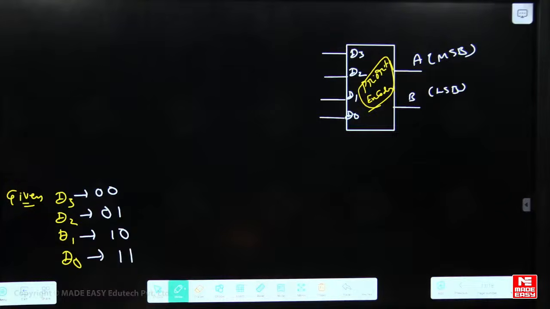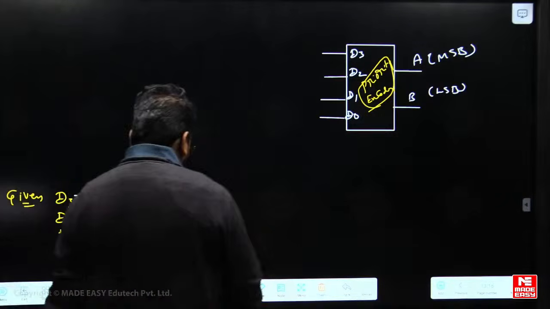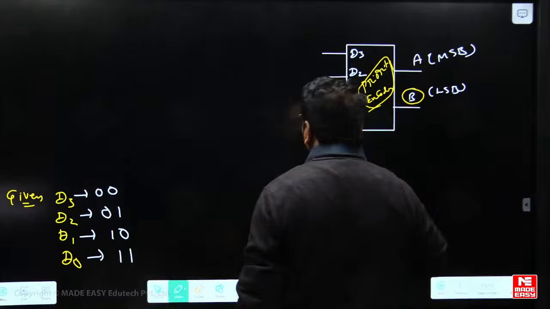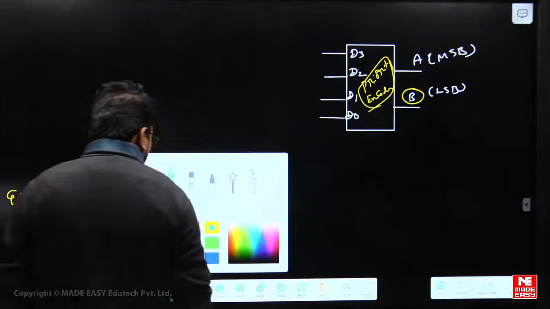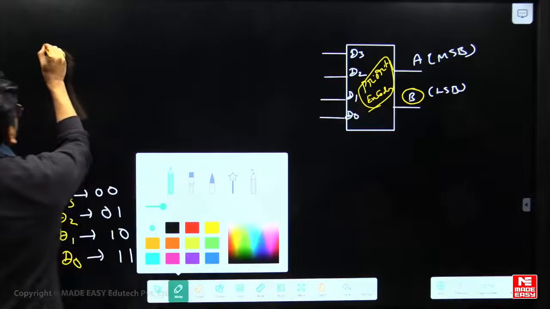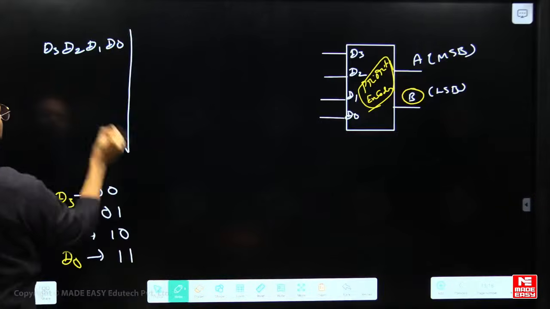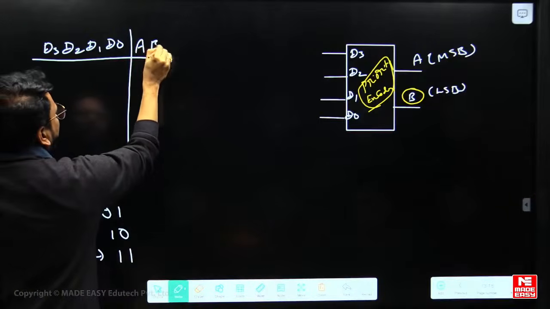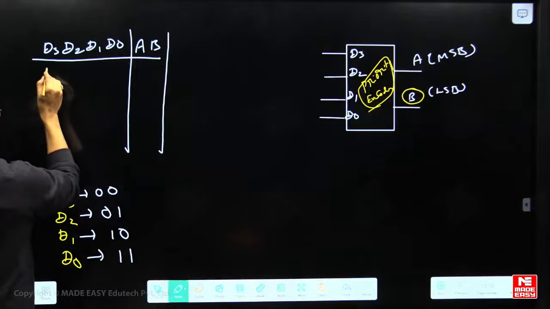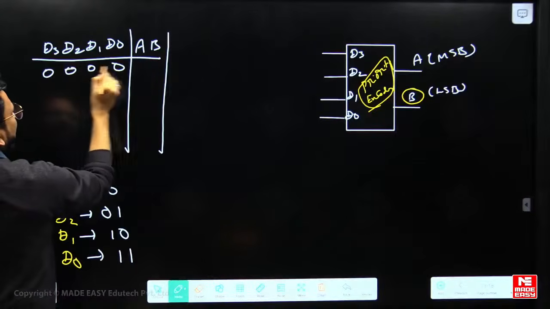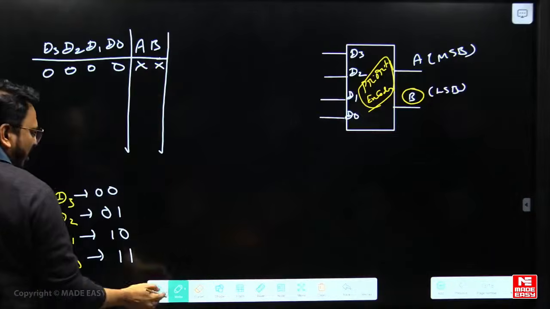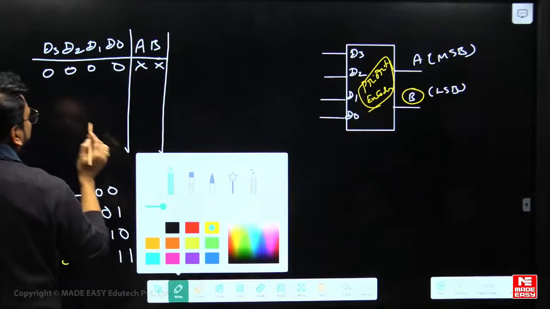The question is given in that manner, and you are asked for the expression for B. Then you should make a table for D3, D2, D1, D0. So simple it is. This is AB. When nothing is activated, it won't be a defined condition, that's why don't care, don't care.